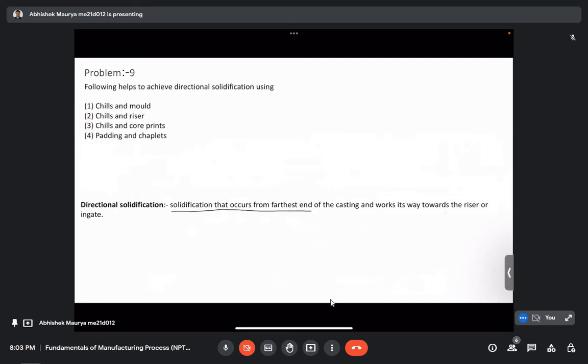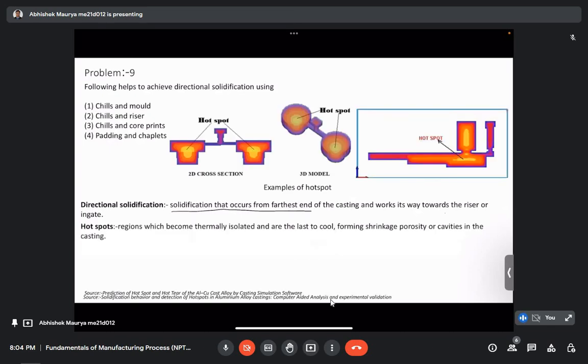As we saw in the previous question, we always want the solidification to start from the farthest corner of the cavity and end near the riser or the ingate, because they can continuously supply the molten metal to compensate the shrinkage. So that is called directional solidification.